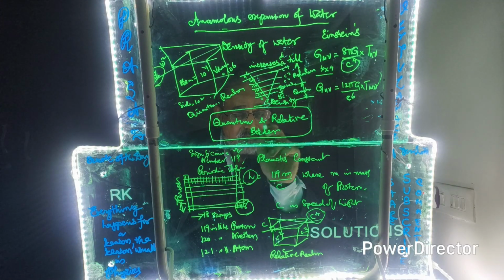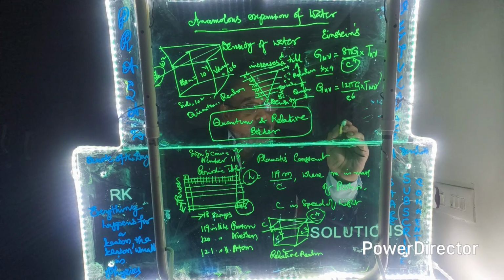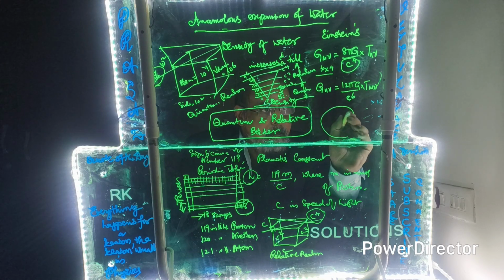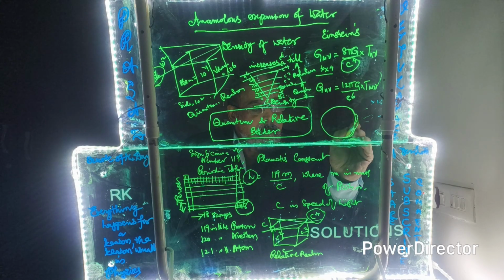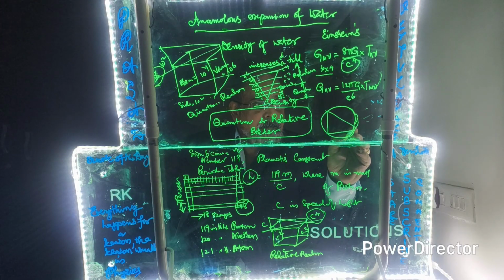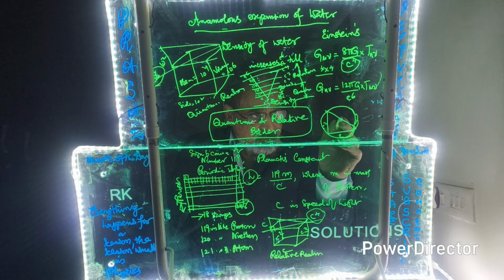The border of quantum and relative worlds is like c square, c cube.